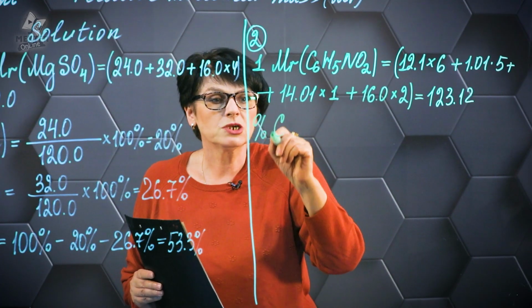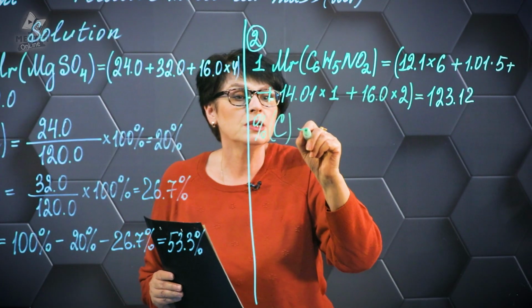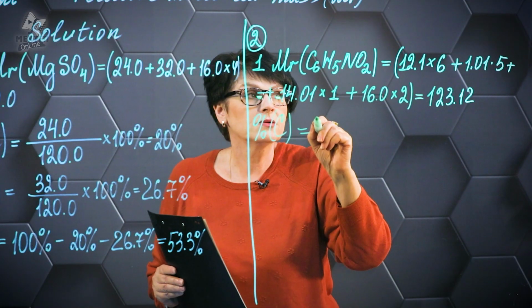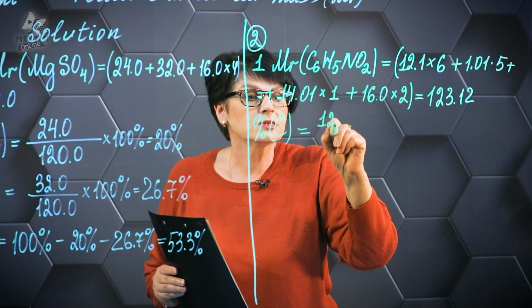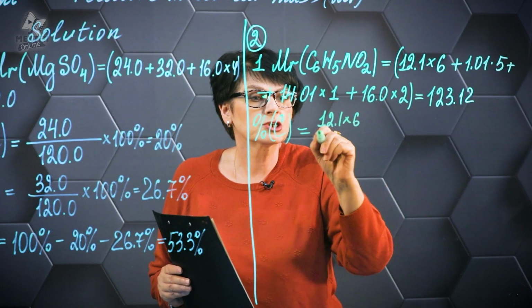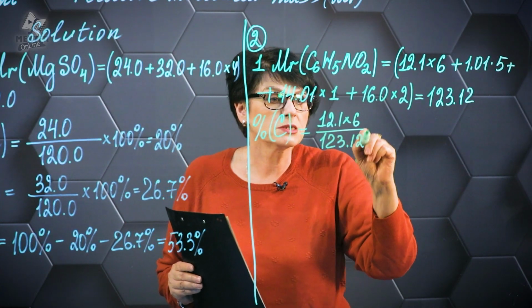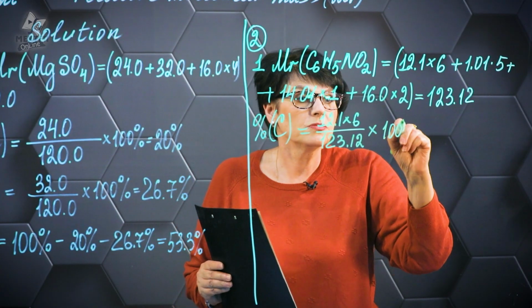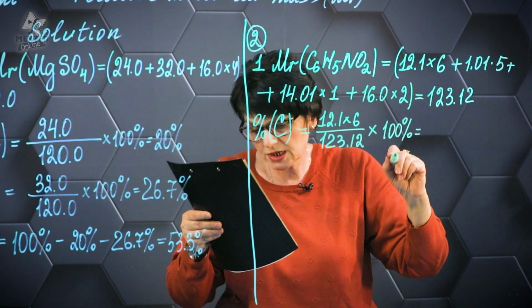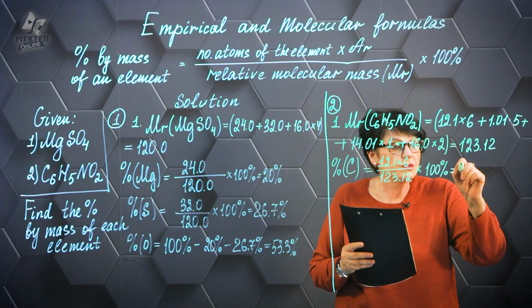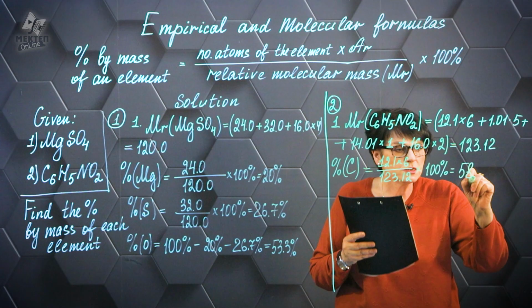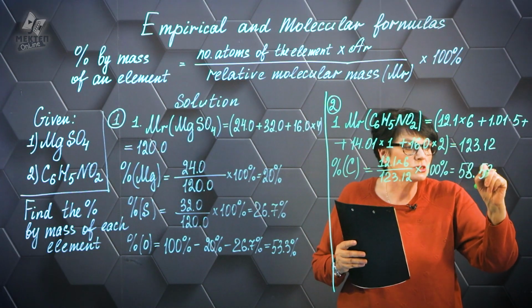Now, let's move on to the percentage composition. We start by calculating the carbon content. For this, we take 12.01 multiplied by 6, which we divide by 123.12 and multiply by 100%. So this number will be 58.53%.